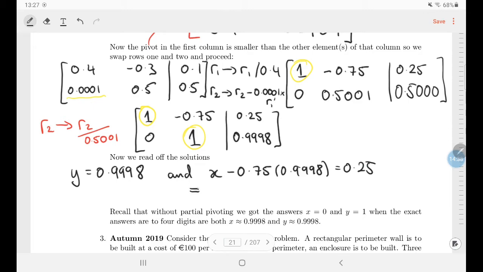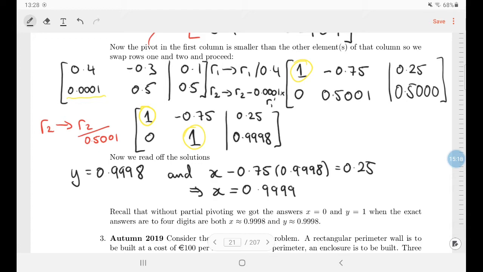Now to find x, all I have to do is add that 0.75 by that 0.9998 to both sides, and I get 0.25 plus 0.75 by 0.9998. Sorry, that should be plus, shouldn't it? Sorry, add to both sides. So I end up with 0. I get 3 9s and then an 8, but then a 5. So it's 9, 9, 9. I have an 8, but it's a 5, so it rounds up. So I get answers of x is 0.9999 and y is 0.9998, and they're very accurate.